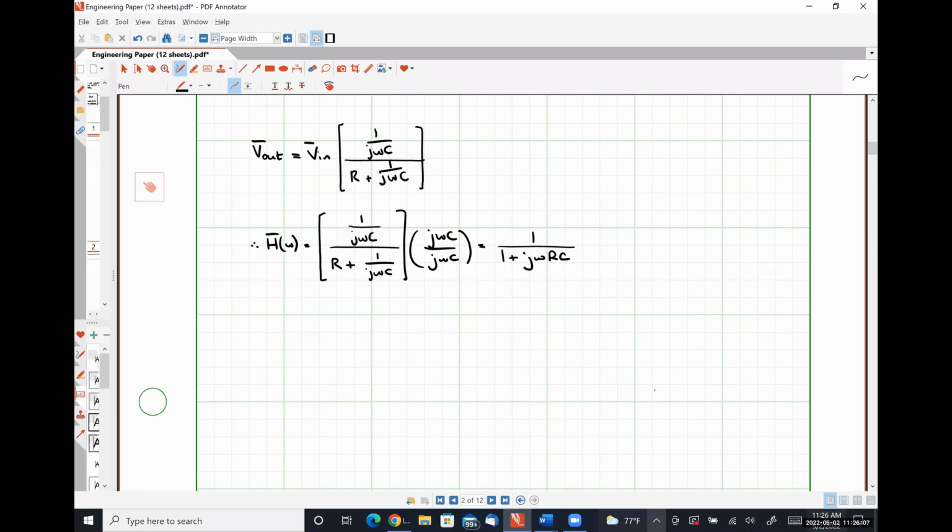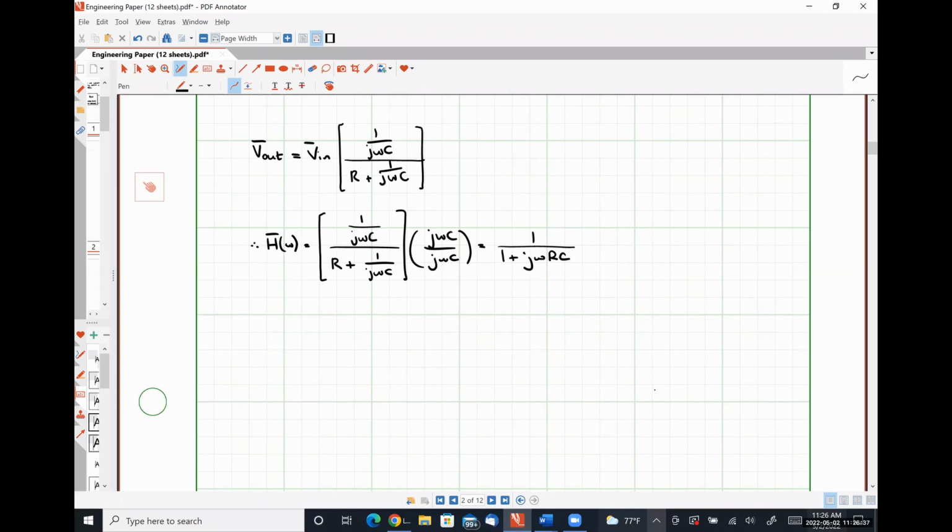So how do I get the magnitude response? Well, I need to figure out what the magnitude of this complex number is. Now, if you recall from engineering 221, circuits 1, the magnitude of a complex number is simply the square root of the real part squared plus the imaginary part squared.